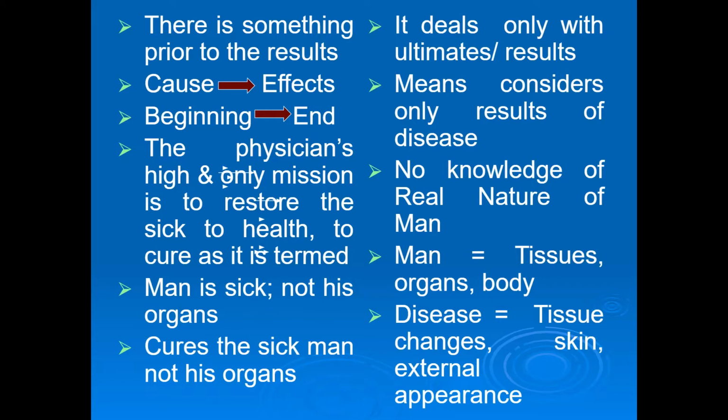Causes give rise to effects. Effects here means the organ pathology that is seen, and this is the effect of some cause. So causes are prior, the beginnings, and there is something at the end. What you see at the end is the organ pathology, and before this organ pathology there is some beginning of disease.